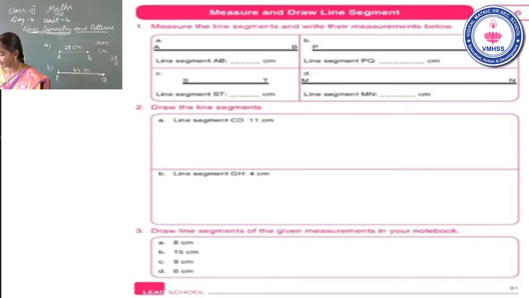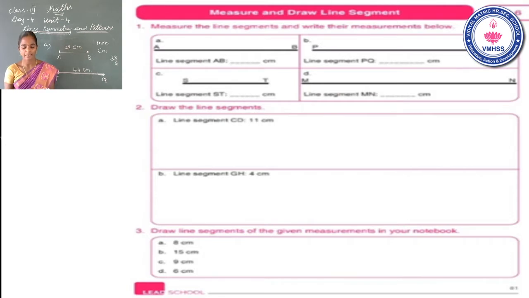Look at the worksheet, all of you. Measure the line segments and write their measurements below. Students, take the ruler, all of you. There are 4 sums given. First, question A: line segment AB.